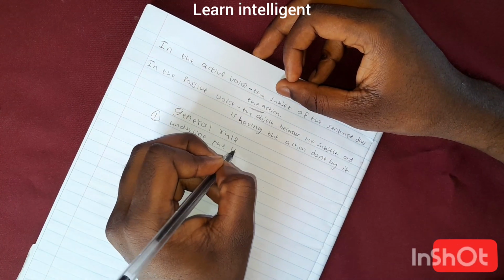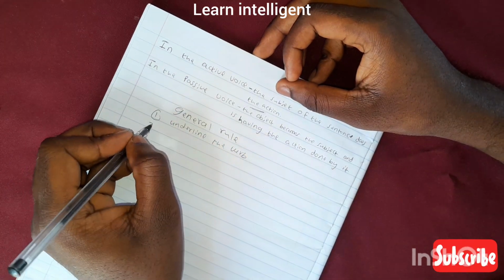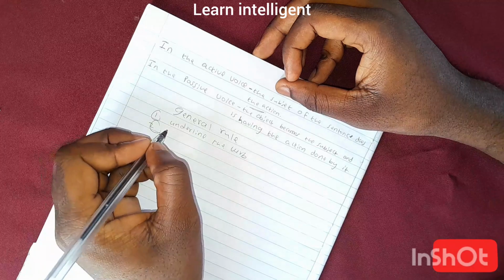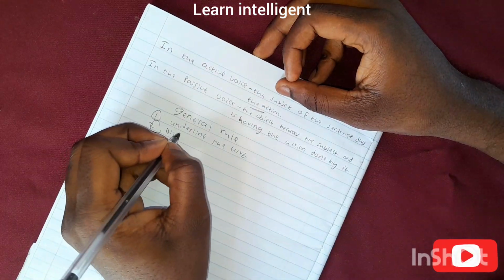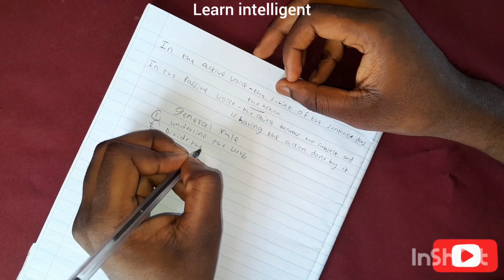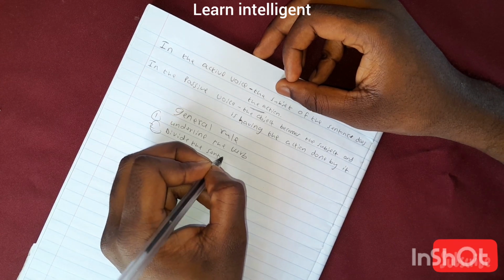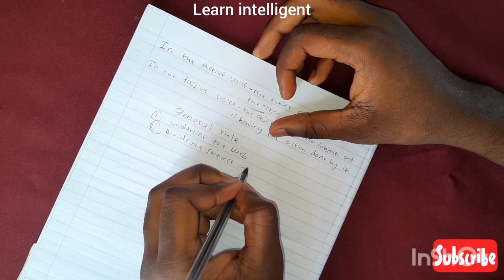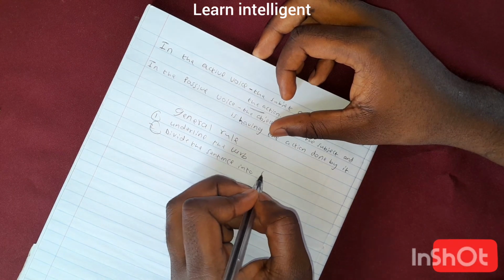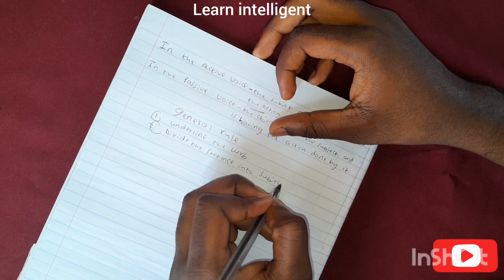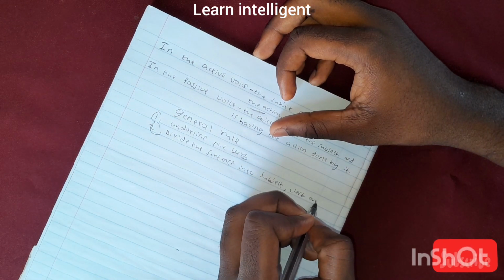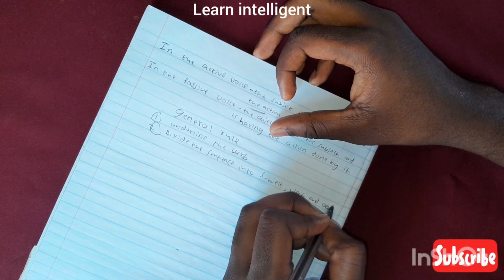And the second one: we divide the sentence into subject, verb, and object.